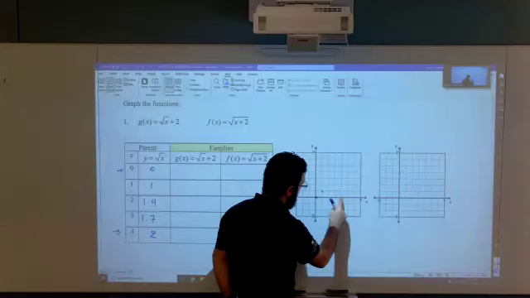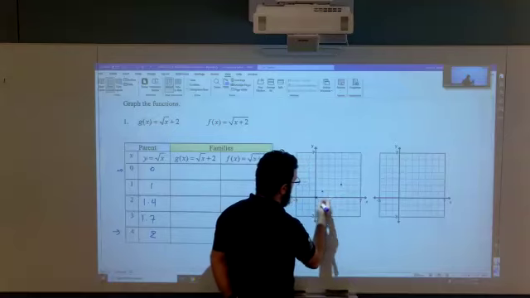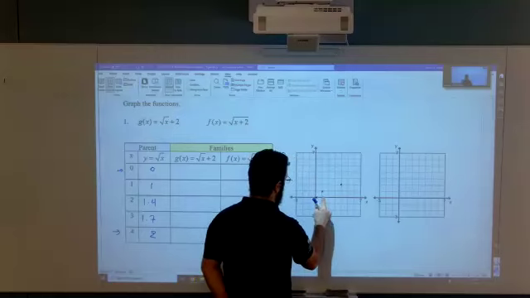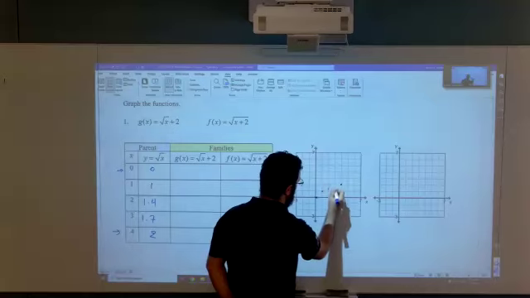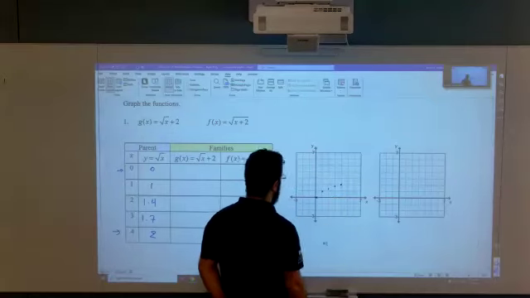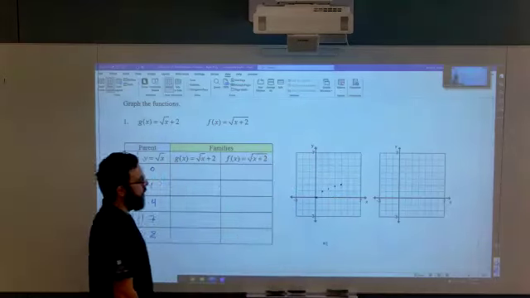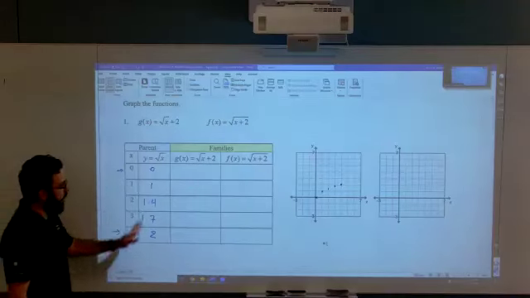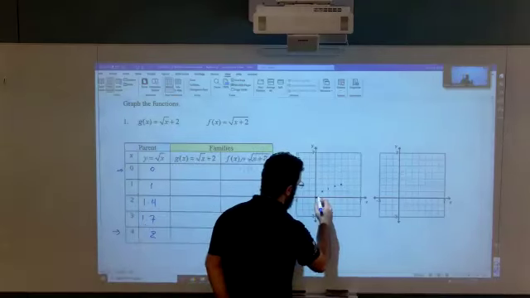The square root of 2 is going to be 1.4, kind of here. This one kind of here. Okay, so this is the graph of the basic function.